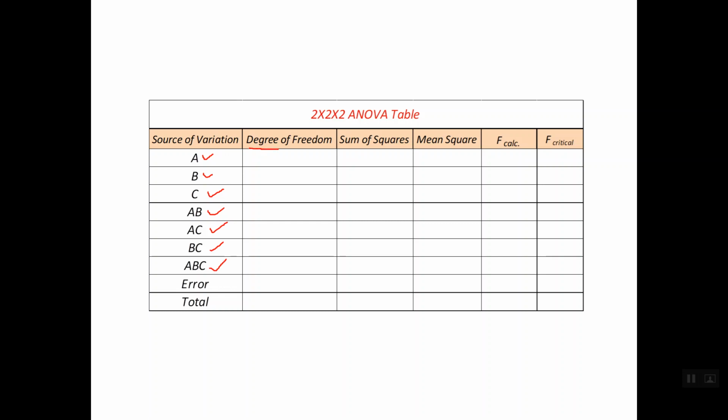Also, we need to calculate the degree of freedom for all of these, and then we need to calculate the SS, or the sum of squares. Then we need to calculate the MS, or the mean square, and finally we can get the value of the statistic F, or the calculated F, and we will determine the value which is F critical.